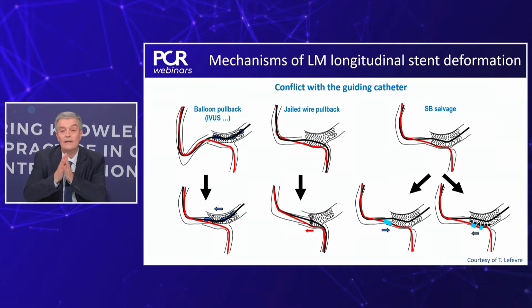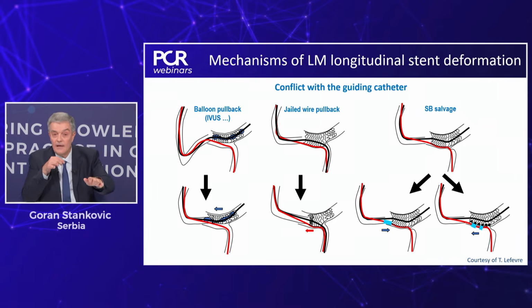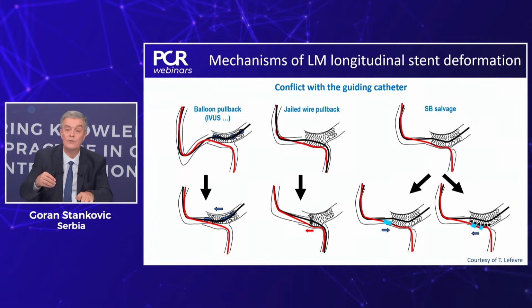Also, if you pull back a jailed wire from the side branch, be aware that what we routinely recommend is to completely disengage the guiding catheter from the ostium, and then slowly pull back the jailed wire, carefully observing the position of the guiding catheter, but also the movements of the jailed wire.